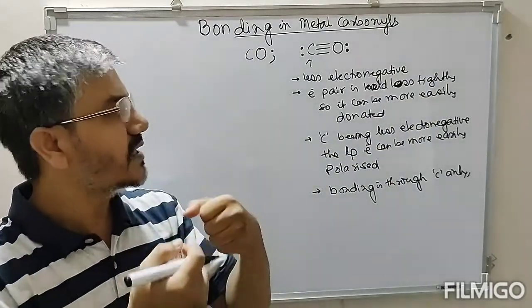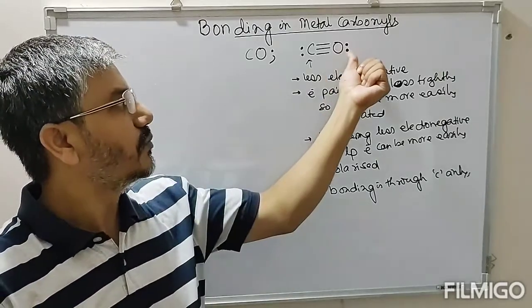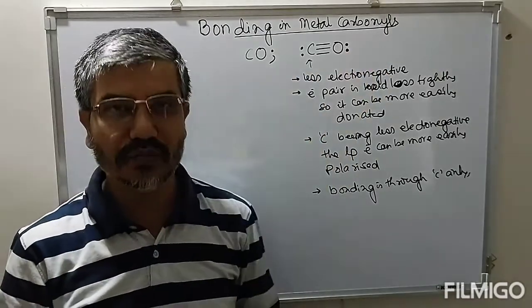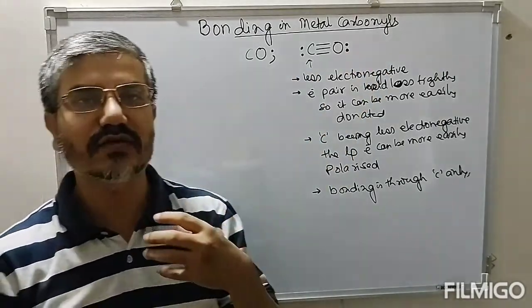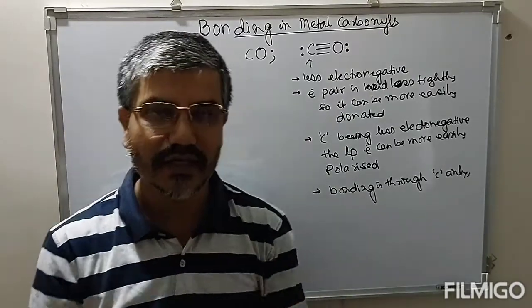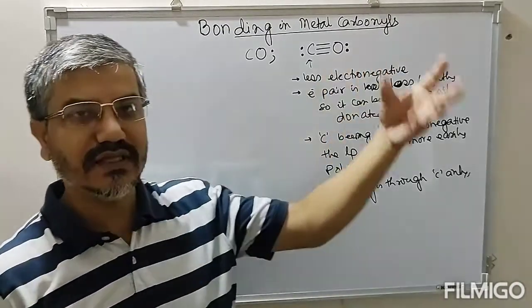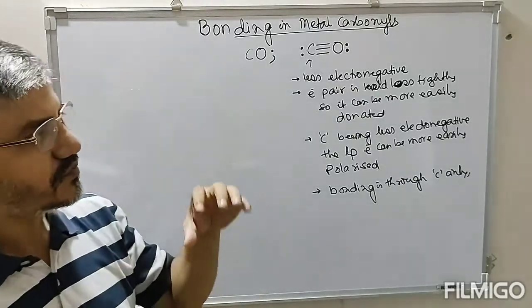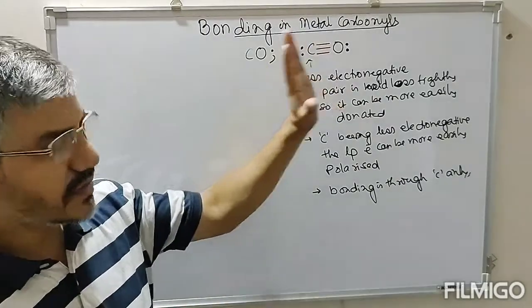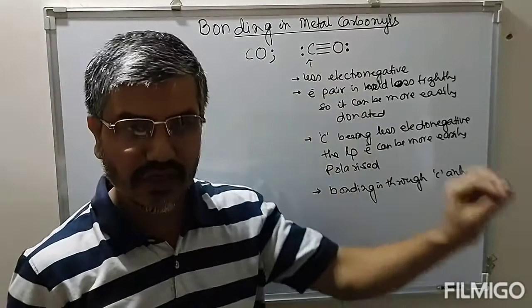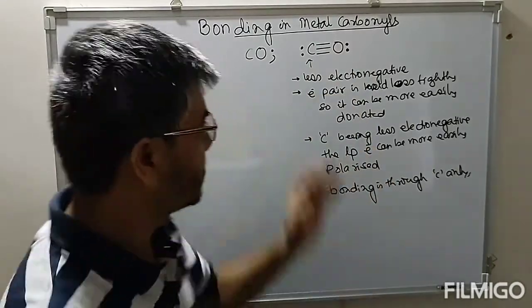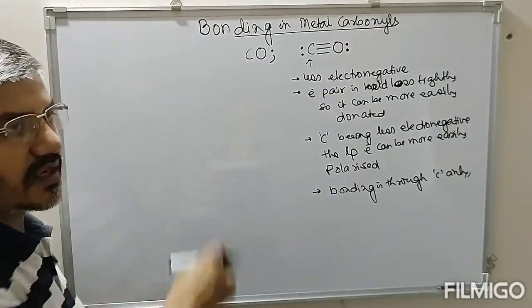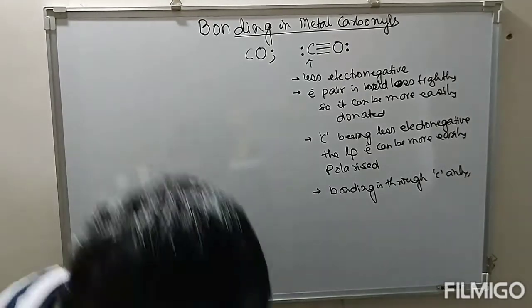If the electron pair is held more tightly, its polarizability is less, it can be less donated, and bonding through oxygen is less likely. This is the reason why bonding through carbon takes place.